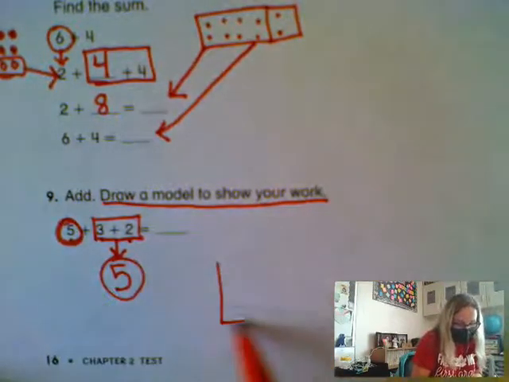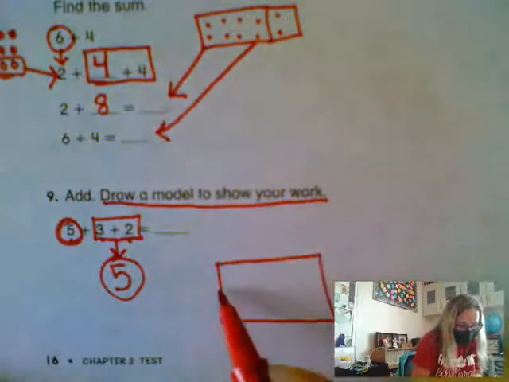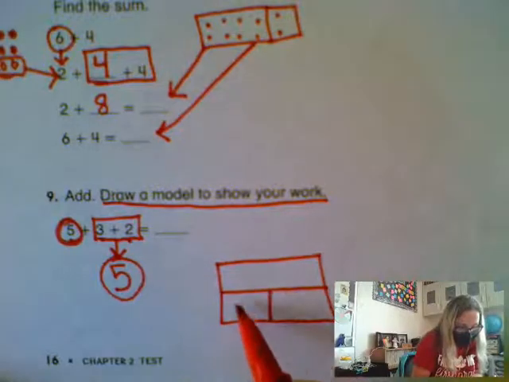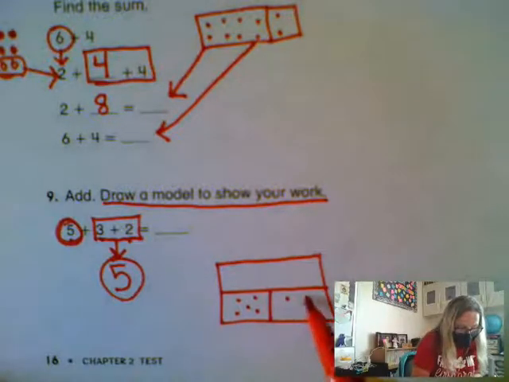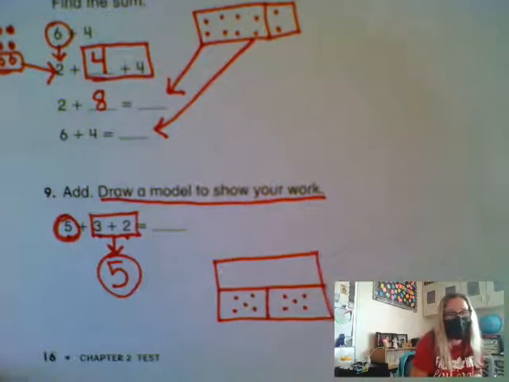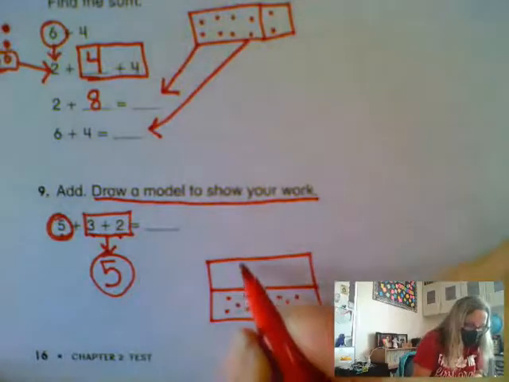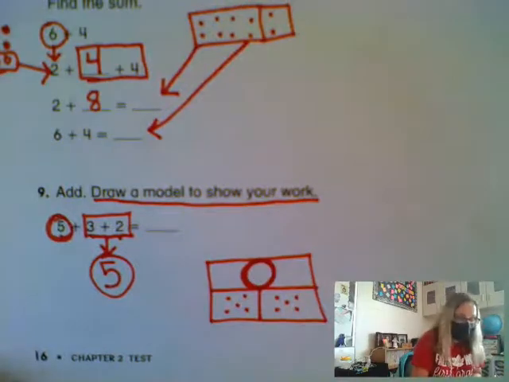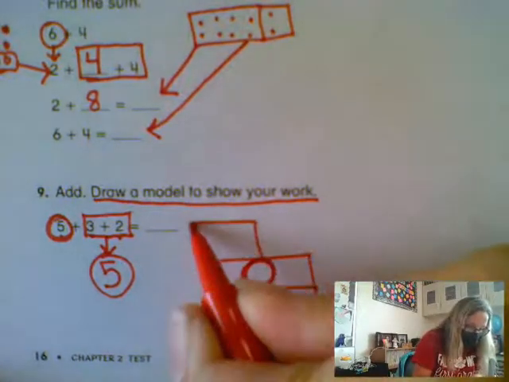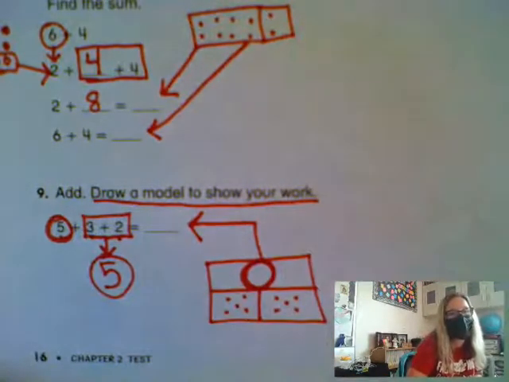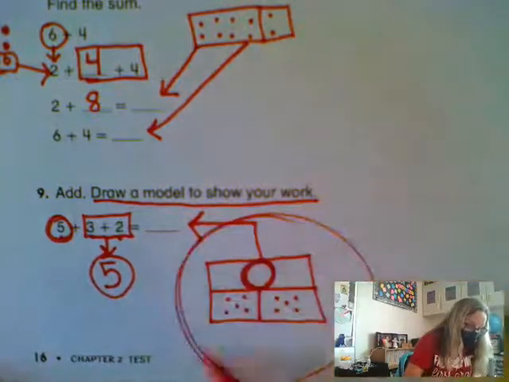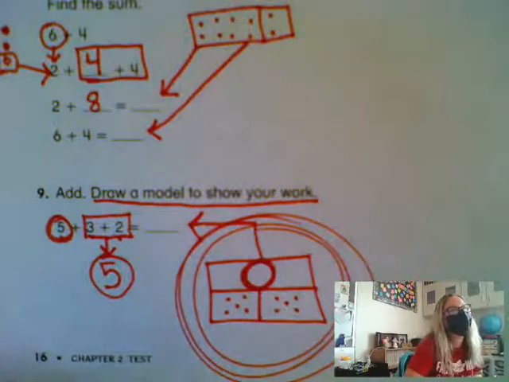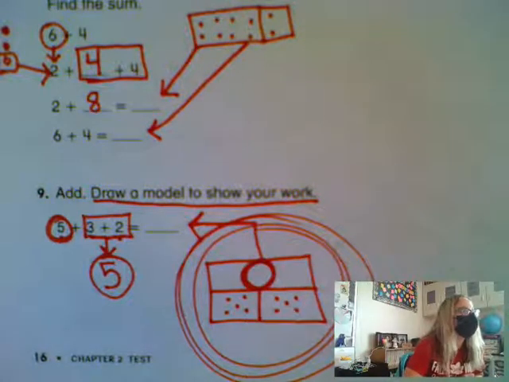Well, if I draw the model like this, and I put 1, 2, 3, 4, 5 here, and 1, 2, 3, 4, 5 here, what would my whole or my total be? Whatever that whole is goes on that line. That's my sum. Make sure you draw this model to show your work so you don't lose half a point.